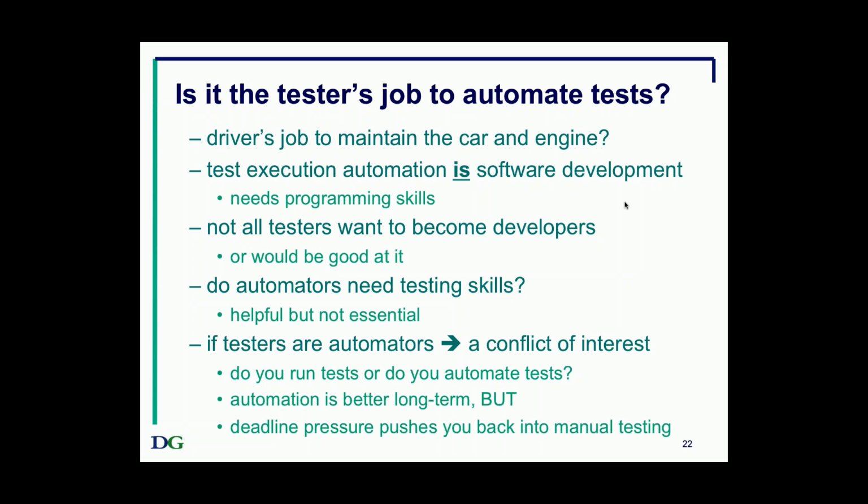Deadline pressure tends to push the dual role, tester-automator, back into manual testing just to get these tests out the door because it's such an urgent, immediate problem. And then, of course, people look back on it later and say, oh, that automation didn't do much, did it? This is why. It's better, really, to have someone who's dedicated to the automation. By the way, one of the patterns in the Test Automation Patterns Wiki is dedicated resources.